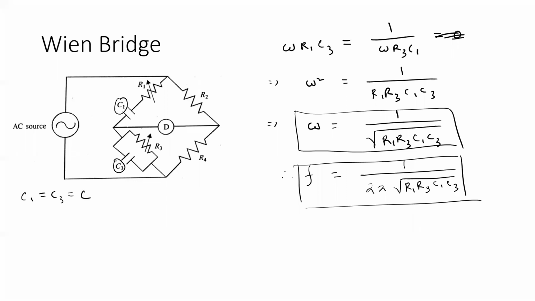suppose a same value for these two, which we can represent here to be C, and the R1 and R3 are also varied in such a way that the variation in both the resistances are equal. So suppose there are two potentiometers. This is the slider of one.